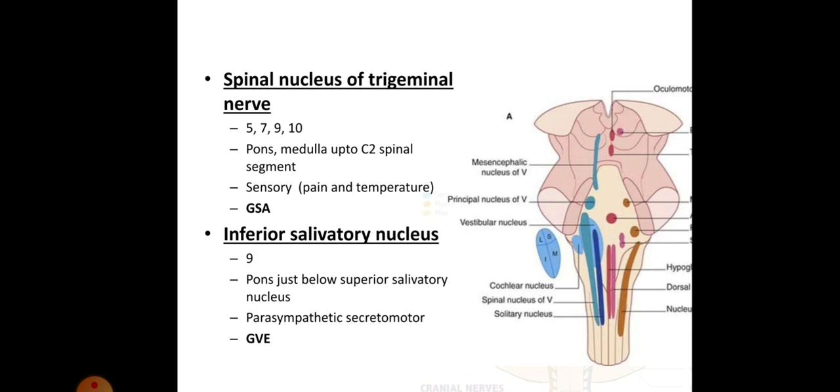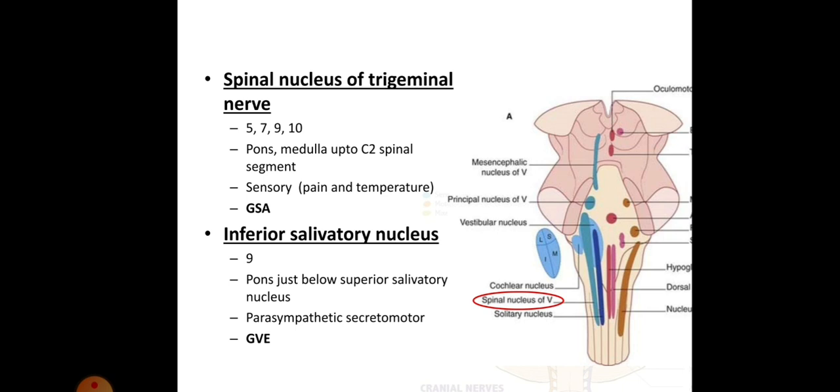So coming back to the spinal nucleus of the trigeminal nerve. This is a nucleus exclusively or in the majority dealing with the fifth cranial nerve, but additionally it gives origin to a few fibers of the 7th, 9th and 10th nerves also. The spinal nucleus is located in the pons, which extends through the medulla up to the second cervical spinal segment.